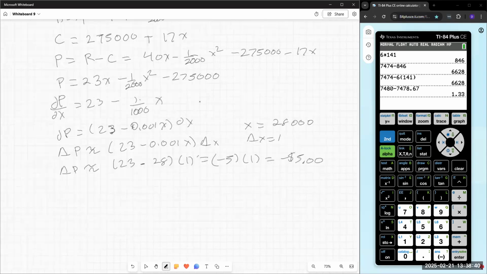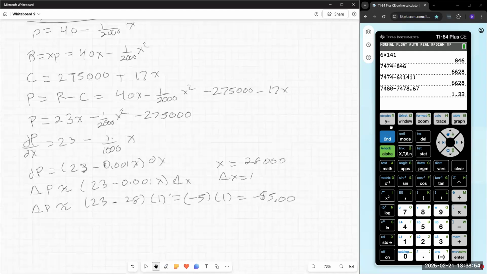So now we want to sketch this graph, and again, that would take quite a bit of time. I just kind of did that previously with the other problem, but let's look at the profit function here.